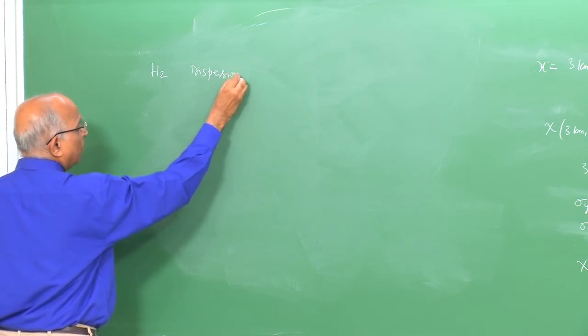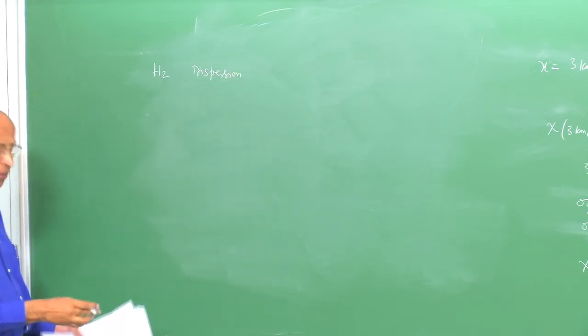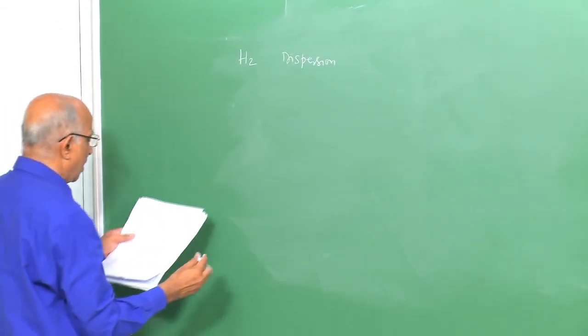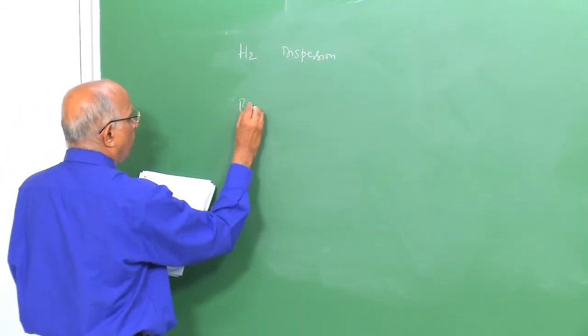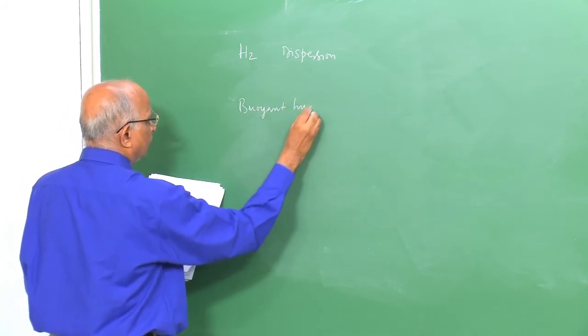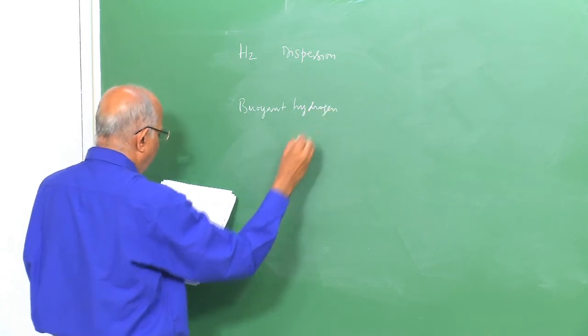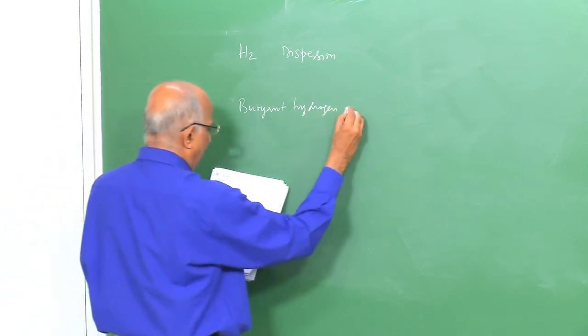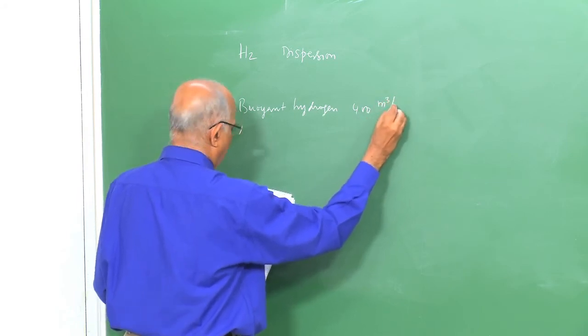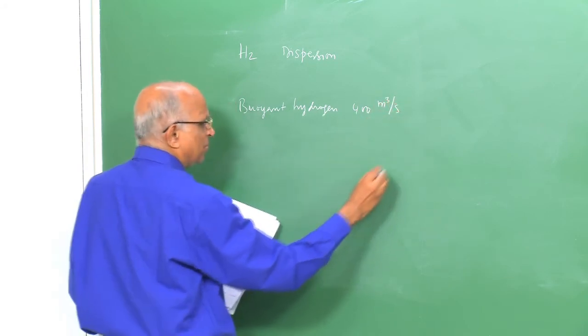The type of equations we use, the way we do the problem, remains the same. Therefore, let us consider the specific example of buoyant hydrogen being released accidentally at the rate of 400 meter cube per second from a stack.